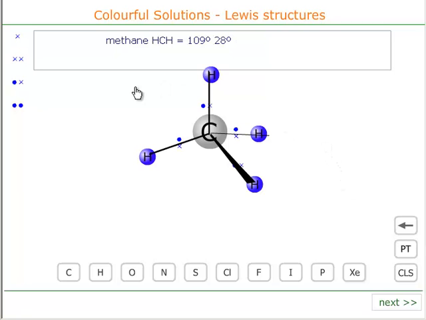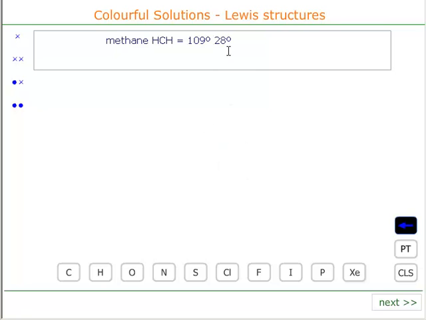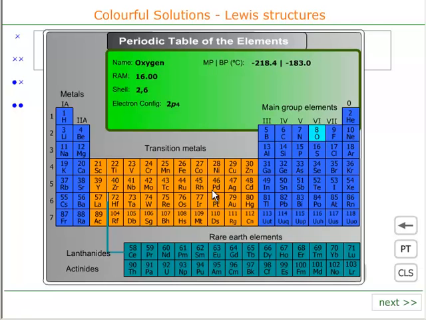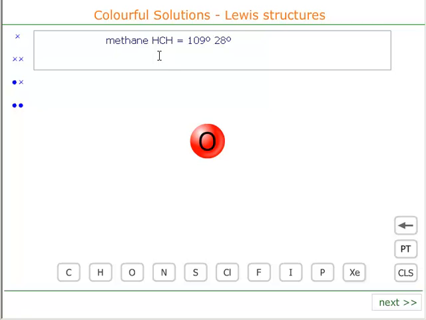Alright, so if we then look at this with a different molecule, let's clear the screen. Let's imagine we have a water molecule. Oxygen, from our periodic table, has 6 electrons in the outer shell, and water, of course, is H2O. It's going to bond to 2 hydrogens.